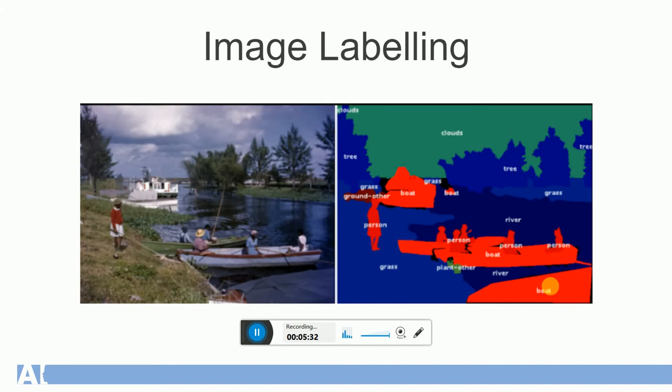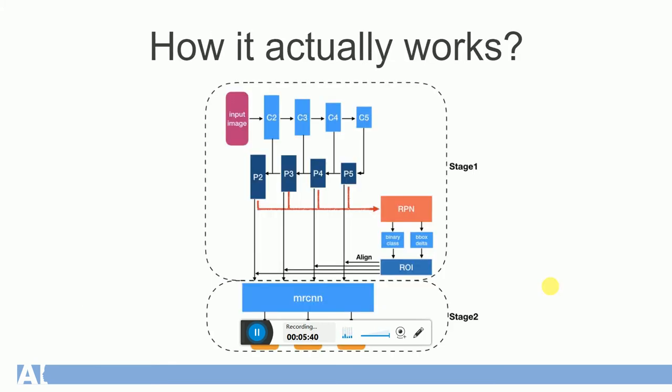The image segmentation model they have taken is Mask R-CNN, which generates roughly about 1000 image segments with class labels and confidence scores. We can see the architecture of Mask R-CNN over here.